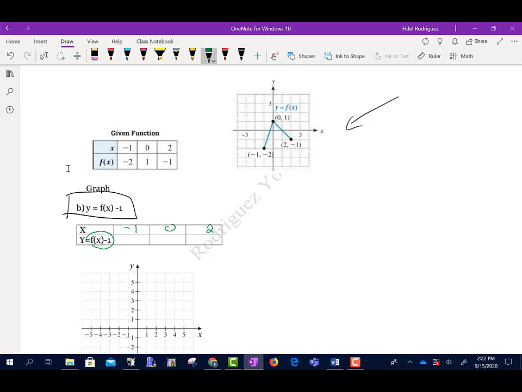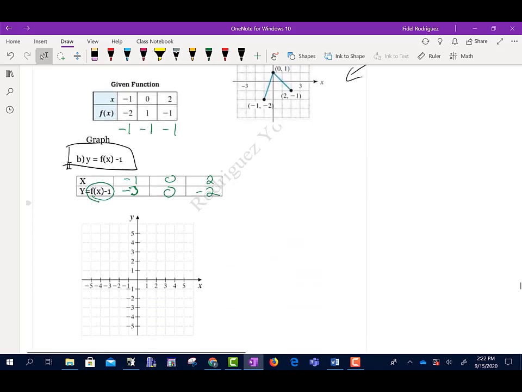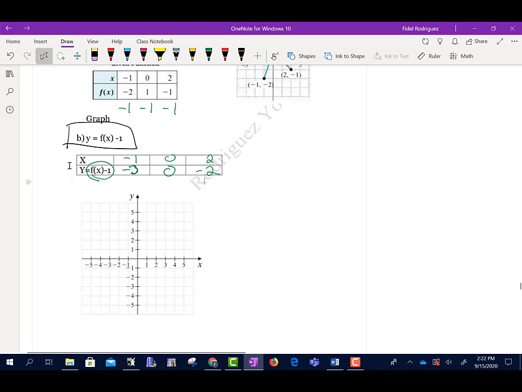Look what I'm doing to my y values. I am subtracting 1 from each of them. Okay, so negative 2 minus 1 is negative 3. 1 minus 1 is 0. Negative 1 minus 1 is a negative 2. Okay, and now all I'm going to do is plot these points. So negative 1 and negative 3 is down here. 0 and 0 is right there.